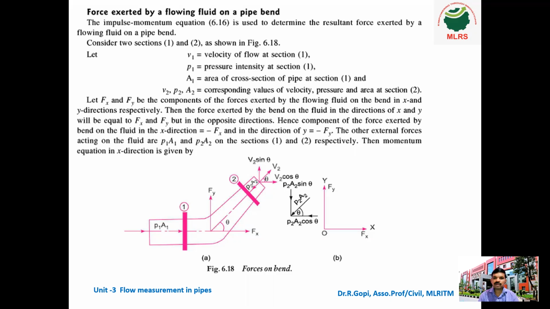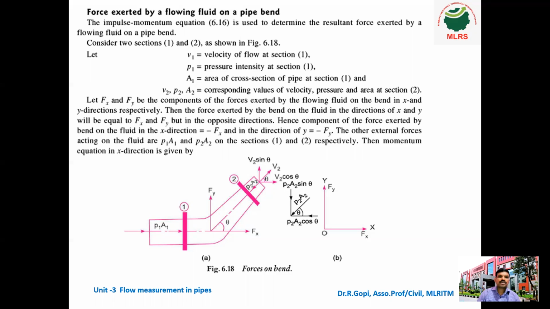If we want to change the direction of the pipe, we have to provide an elbow or bend. For designing the thickness of the bend or elbow, we need to calculate the force acting on it. Based on that, we design the bend and elbow. So let us see how to calculate.